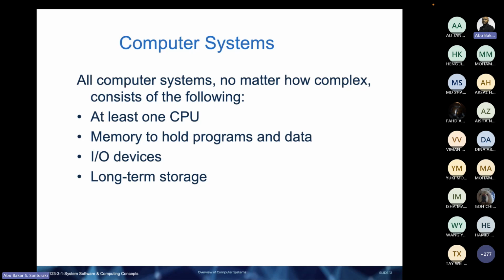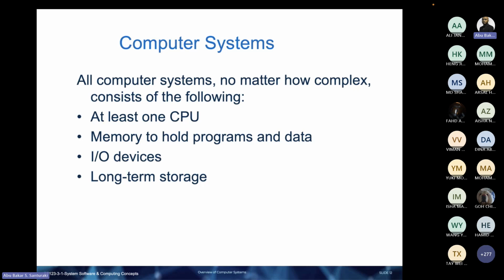So you have to have at least one CPU. Then you need to have memory to hold the programs and the data that you're operating on. And then you need to also have input and output devices. This is the means by which you will communicate with your computer. The input devices allow you to pass messages and data into the computer, whereas the output devices allow the computer to communicate with you by presenting data in a form that makes sense to you.